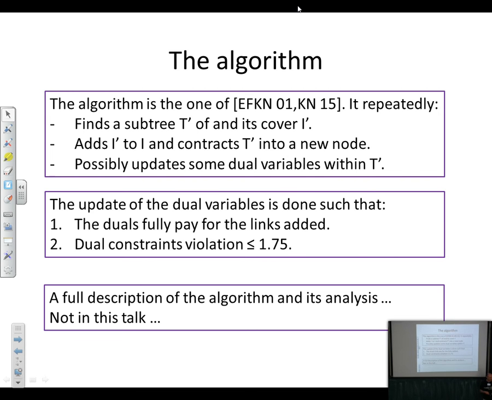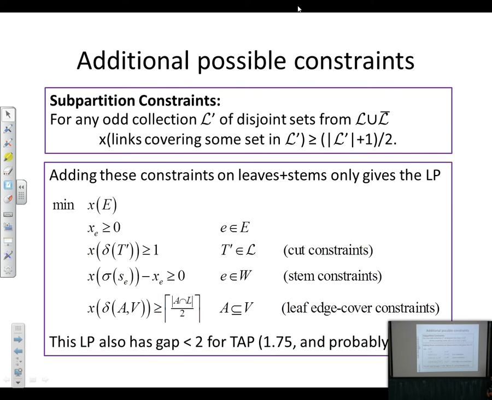Before I finish, let me mention something more classic, which I think should play some role in this field. Instead of adding various ad hoc constraints, we can add what are called partition or, in this case, subpartition constraints.